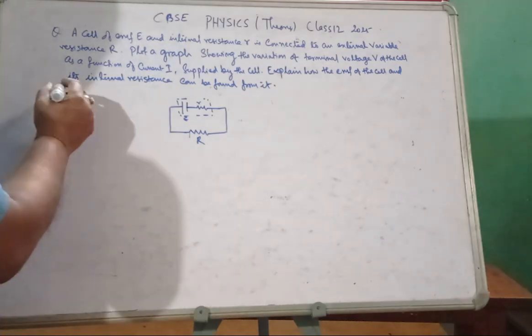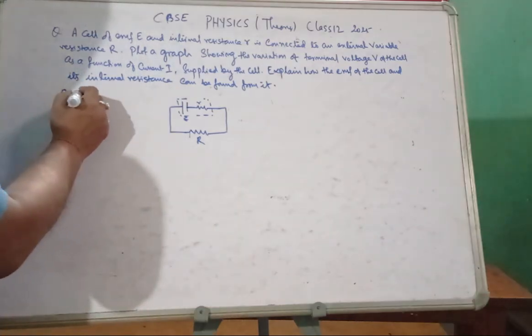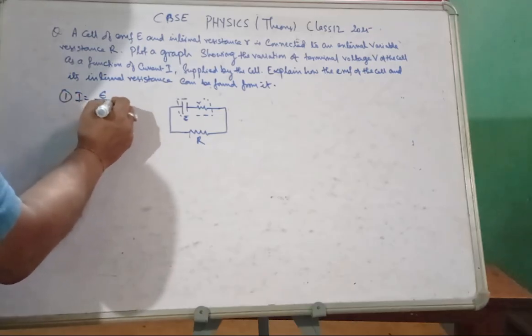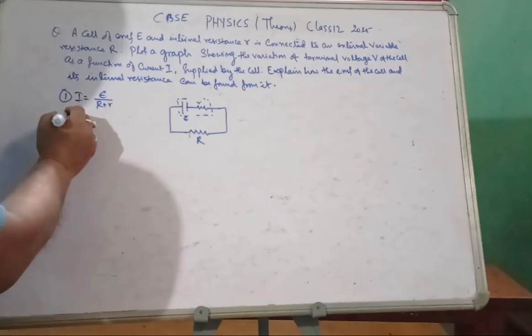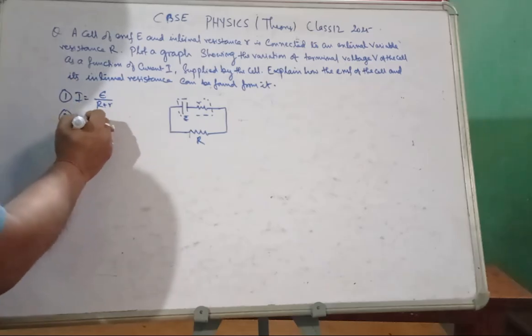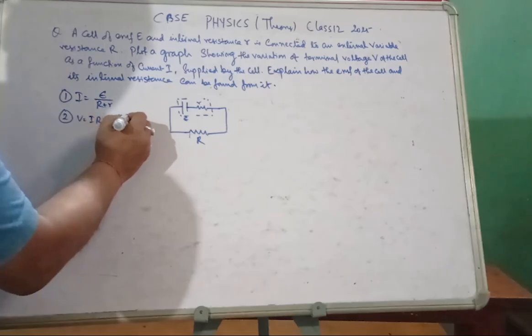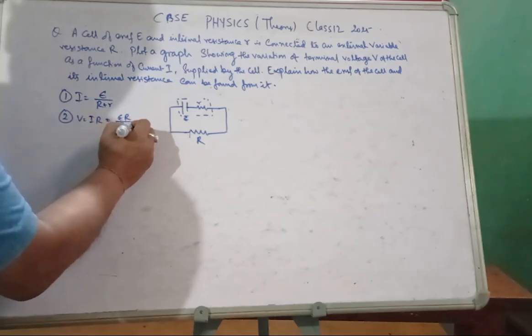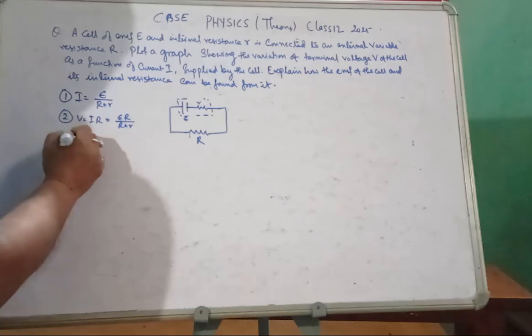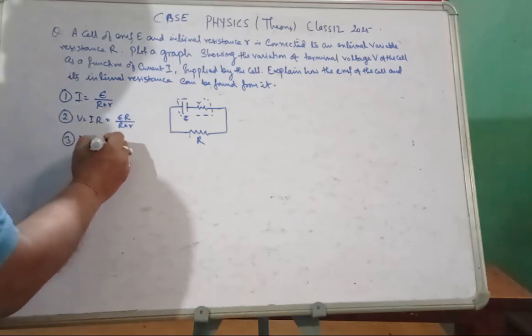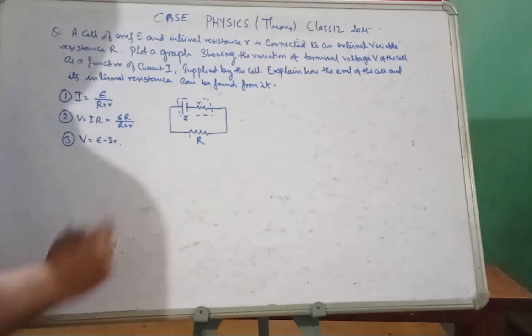So here we are going to get three equations. I is equal to epsilon by R plus r. Next, V is equal to IR, so this will be epsilon R by R plus r. And your third equation is V is equal to epsilon minus Ir.